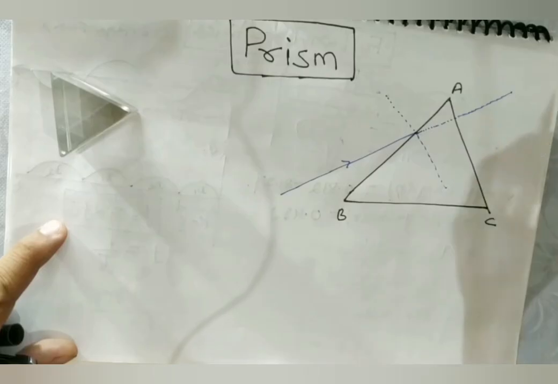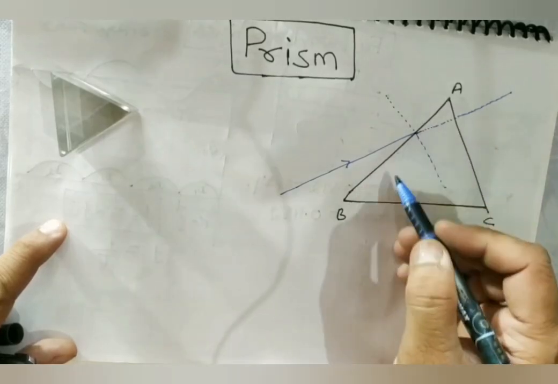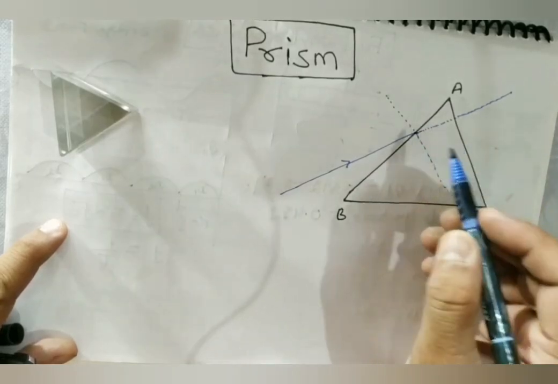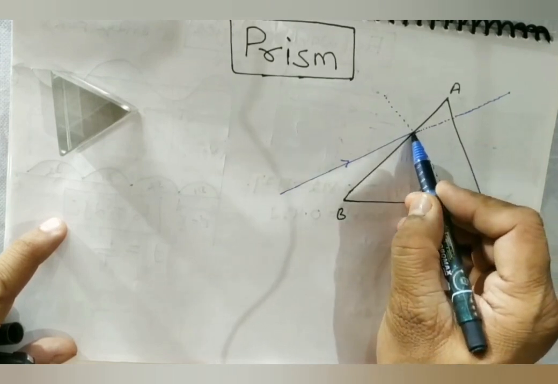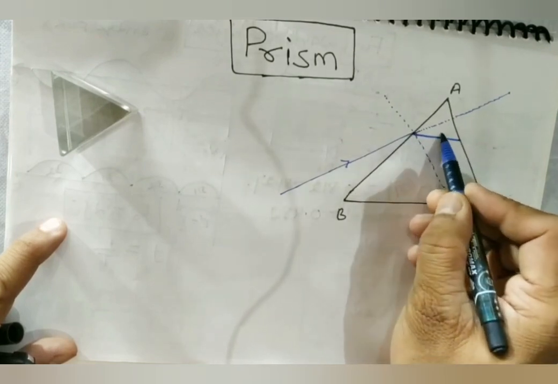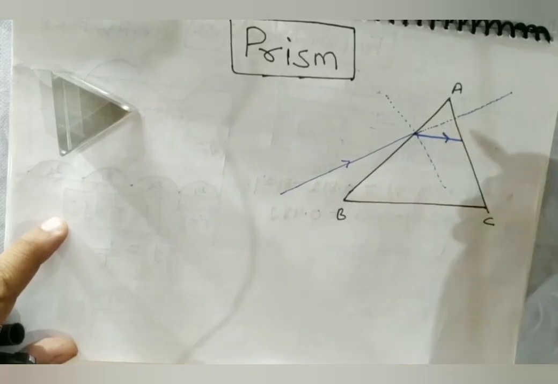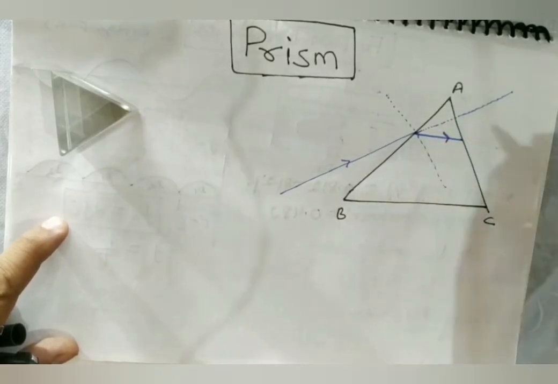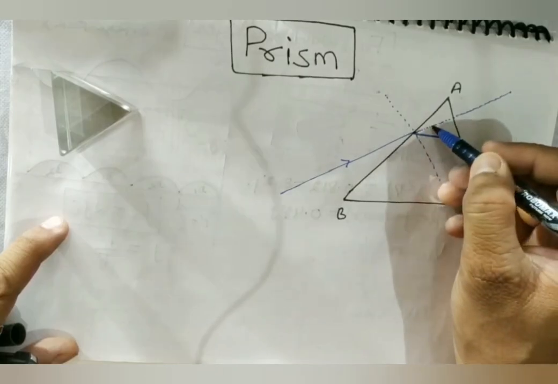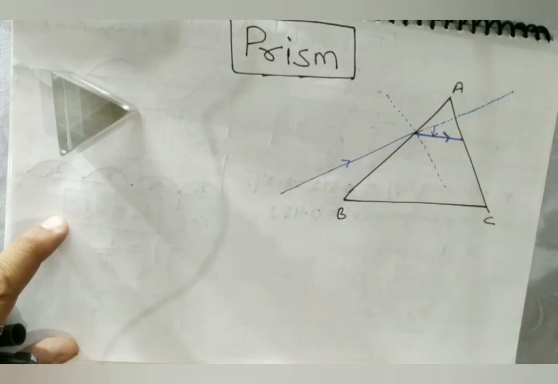But because another medium is present, and it is denser, the light will bend towards the normal. This is the normal, and this light bends towards the normal. That means at this point, this is the deviation.